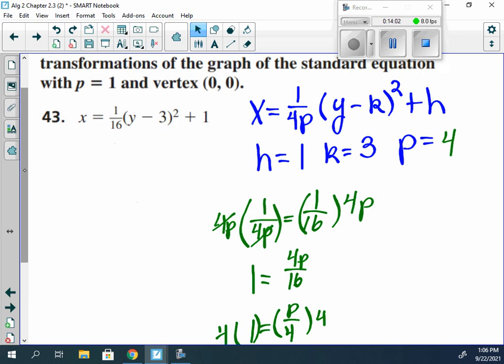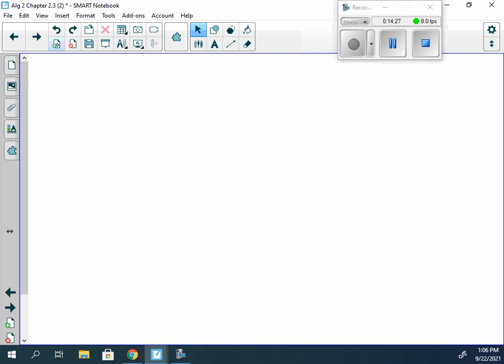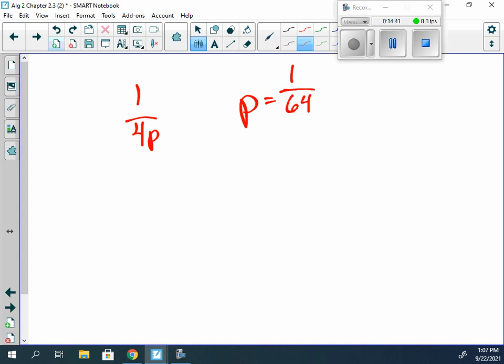Isn't it kind of odd that when p gets bigger, the number in front of the parentheses gets smaller? Have y'all noticed that? Because here when it's 4, I got 1/16, yes? Well, here p is -1, and it's -1/4. So it got a little bit smaller, yes? Well, I'd say with our 1 over 4p, let's say p is 1/64.